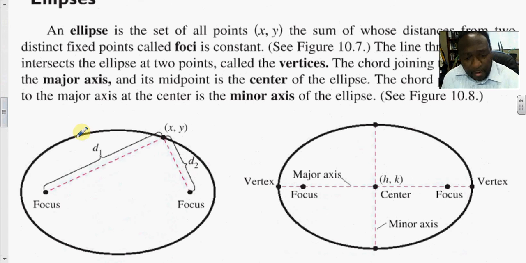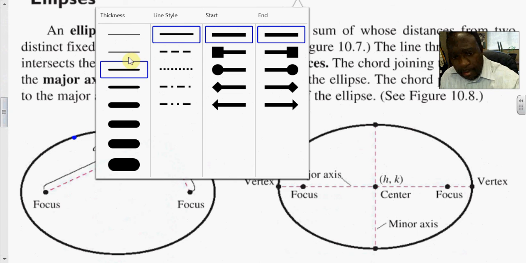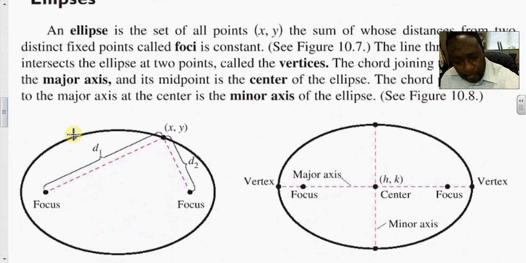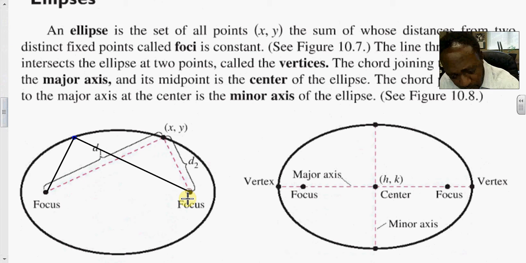In other words, if you take another point and measure those distances, they will also be constant. You'll get the same sum as you did for D1 plus D2, and it doesn't matter wherever you go.